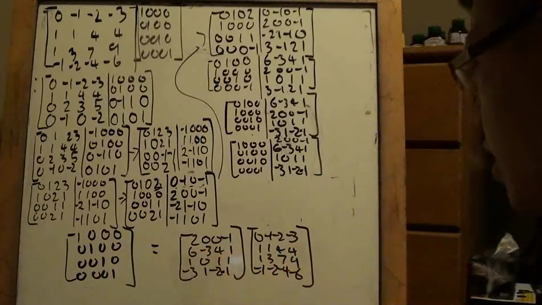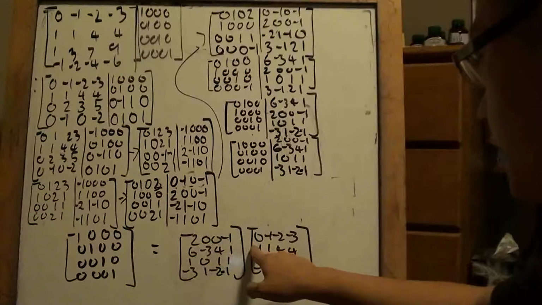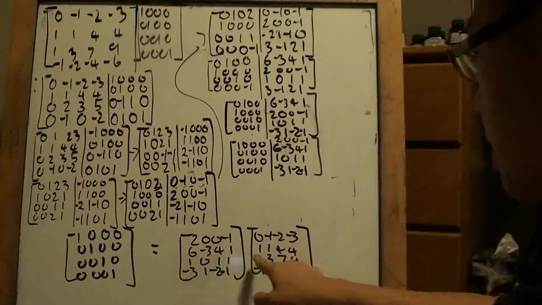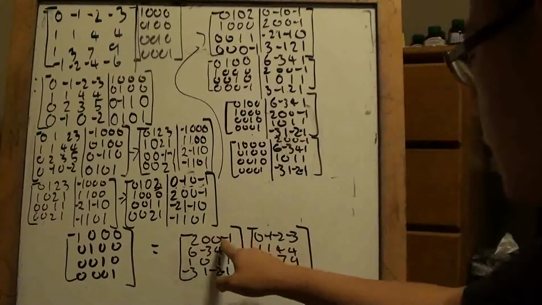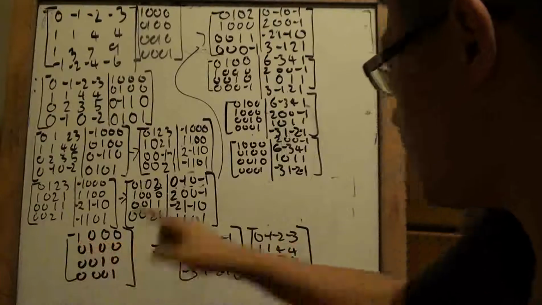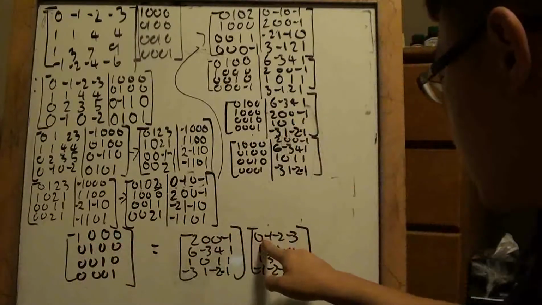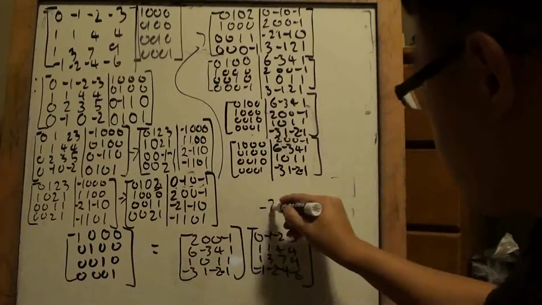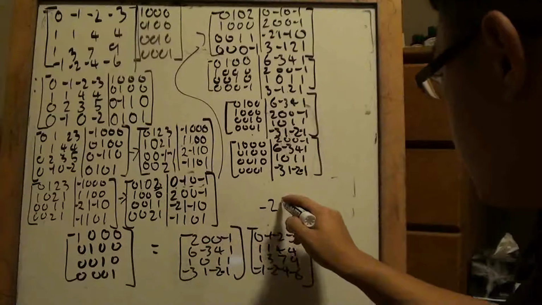So okay, let's try to check. 0 in the middle, so I'm just going to disregard all the numbers in the middle because 0 times anything is 0. So 2 times 0 is 0. Negative 1 times negative 1 is going to give me 1. Yes. Next one is 2 times negative 1 is negative 2, and negative 1 times negative 2 is 2.